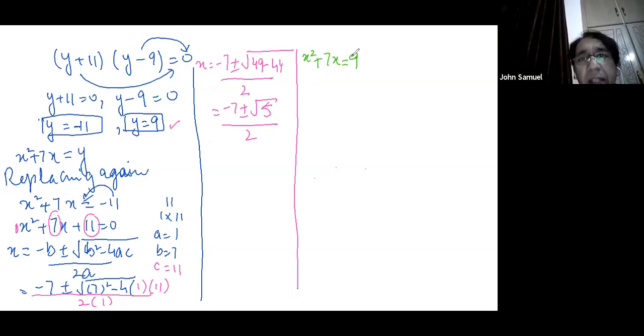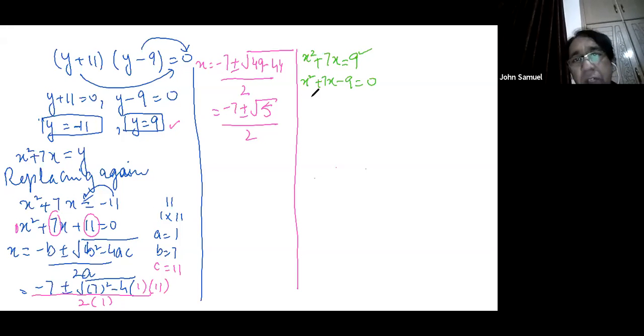So I'm replacing it again: x square plus 7x minus 9 is equal to 0. The same method we will use here. So a is equal to 1, b is equal to 7, and c is equal to minus 9. Same quadratic formula I'm using here.